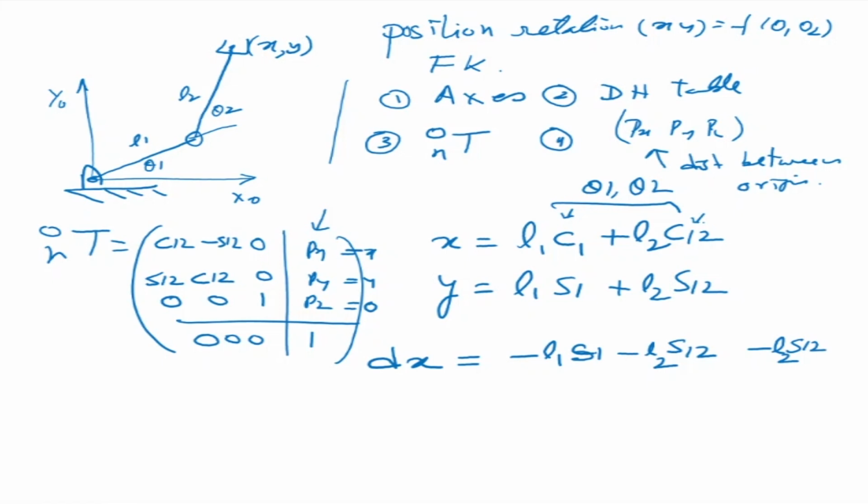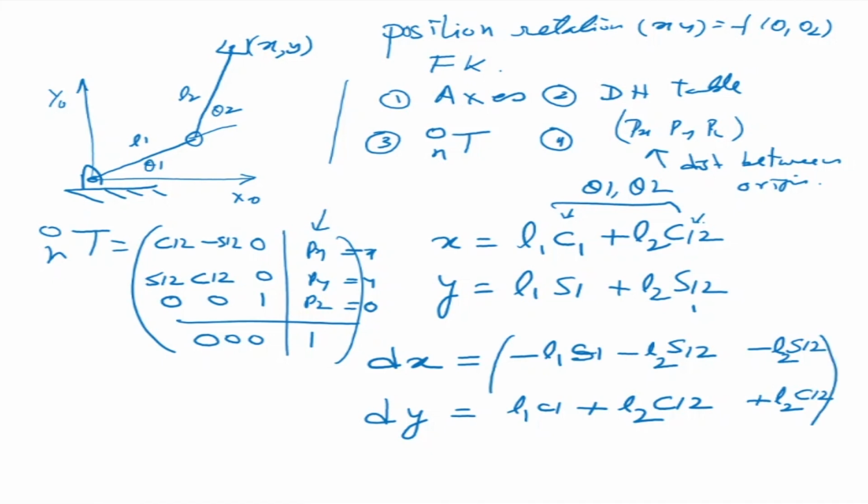Now the second one is dy. First with respect to theta 1, L1 cos 1 becomes L1 cos 1 plus L2 cos 12. Then with respect to theta 2, theta 2 is here only, so I get plus L2, and since this was sine, it becomes cos 12.